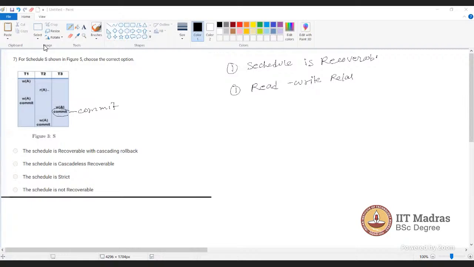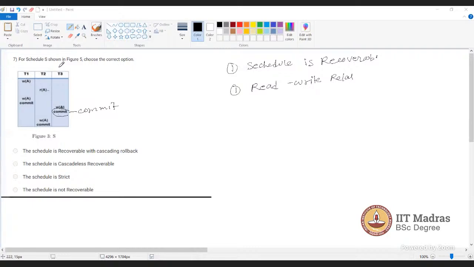Please check the answer there. The answer is, I think, the schedule is recoverable with the cascading rollback. Yes, sir. I just want to ask how it is cascading recoverable. You can check in T1 and T2.